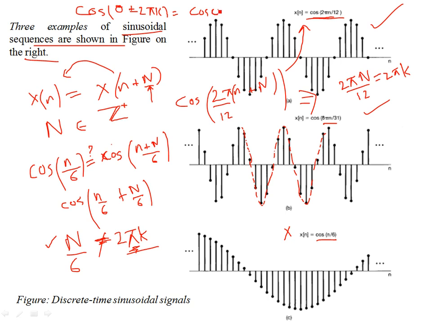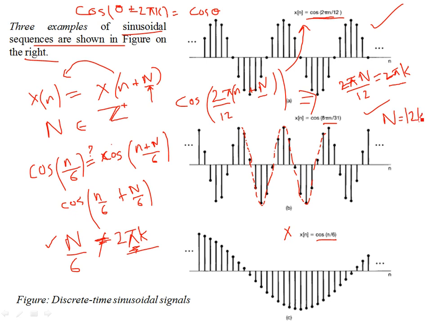So in order to check the periodicity, my constraint for a discrete time sequence is that capital N has to be an integer. Okay, so I need to find an integer for that. So 2 pi capital N by 12 should be an integral multiple of 2 pi k, right? And then you see this 2 pi cancels out, and you know that k is also an integer. So capital N is 12k, which means 12 is the period.